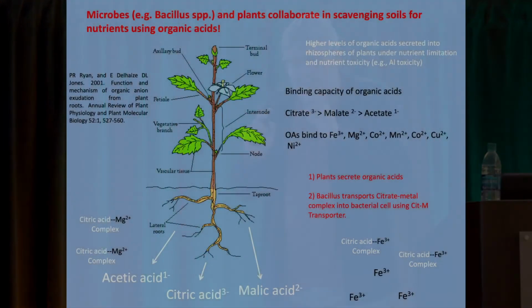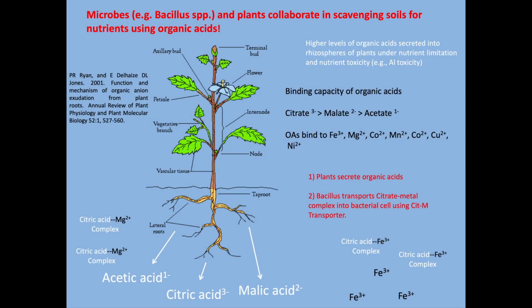Okay, the other process, and I think this is getting to the question that you asked a few minutes ago. We know that plants secrete organic acids into the soil, citrate, acetic acid, for example, citric acid, malic acid.